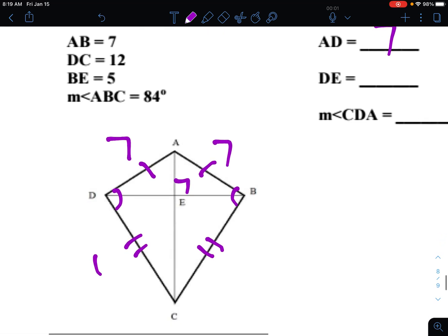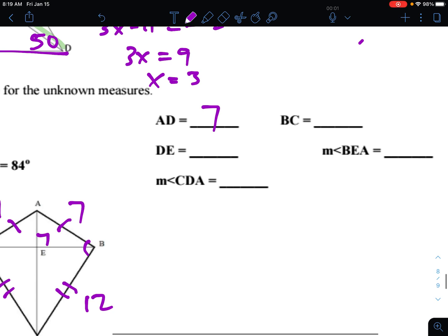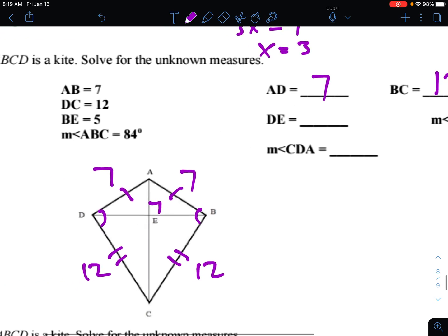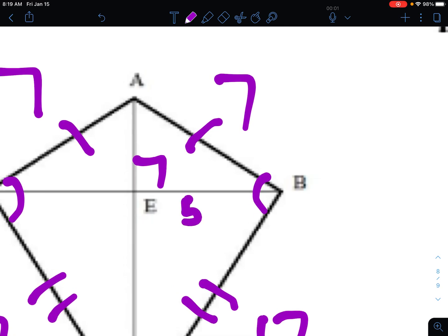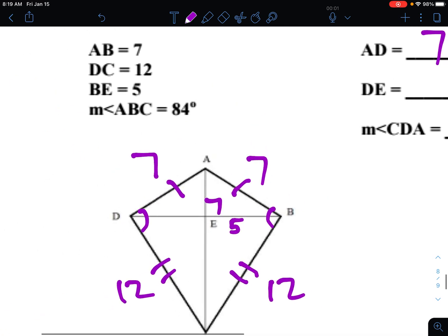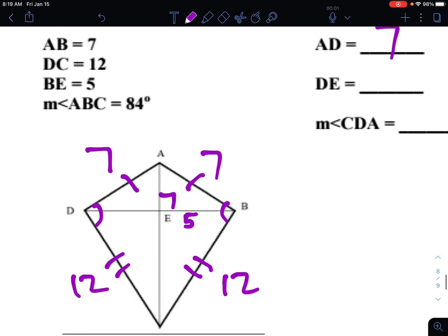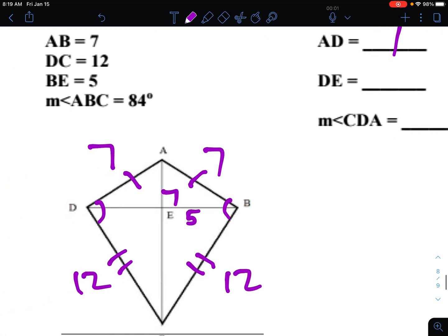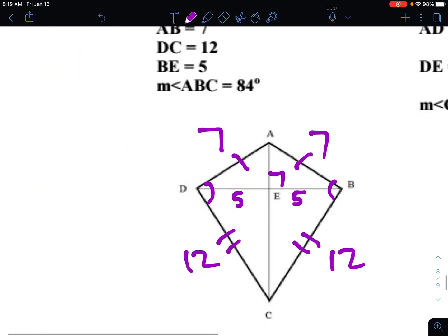If DC is 12, we know that BC is 12. And then they sneak in there, BE is 5. We want to find D to E. Guess what that's going to be? 5. Now, lots of congruent stuff.